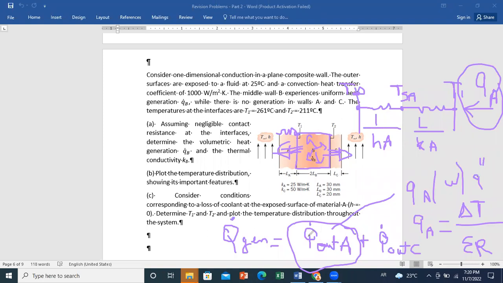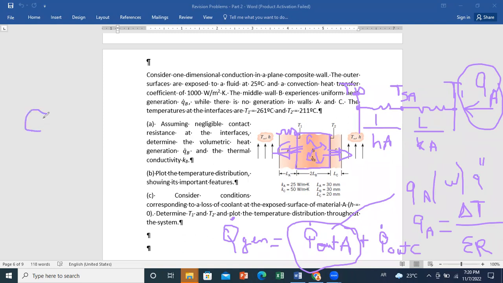So you can call it Q dot because it's in watts. Then you can say I can get this flow rate by using the thermal circuit analogy. So I use delta T over the sum of resistances. So from the side of A, what can we write then?